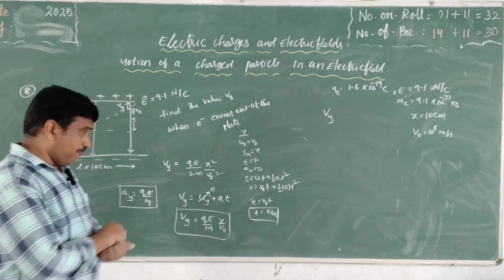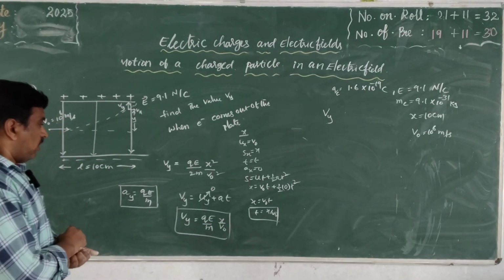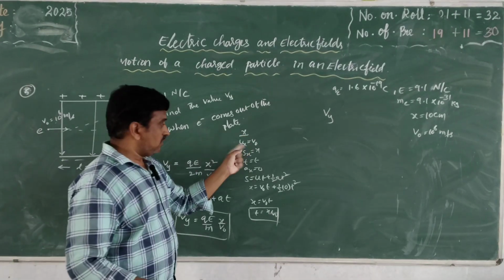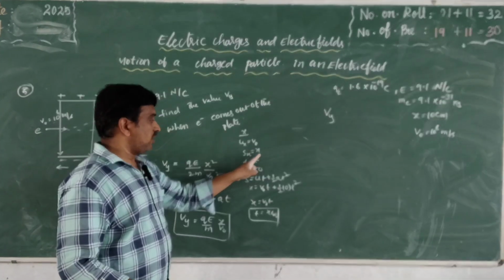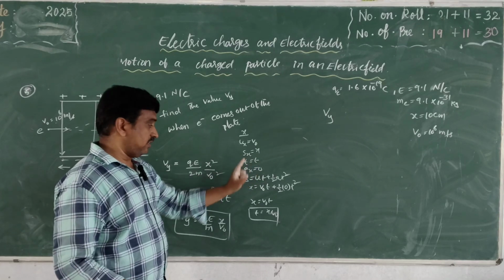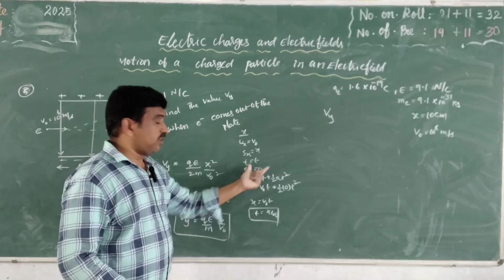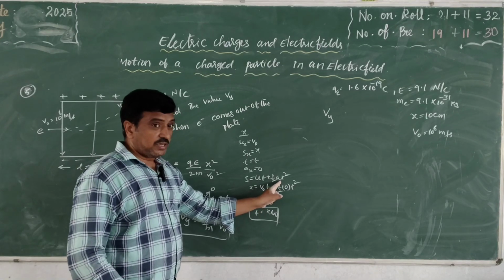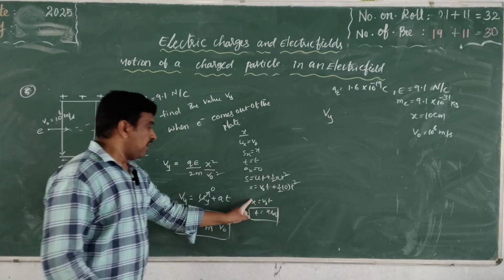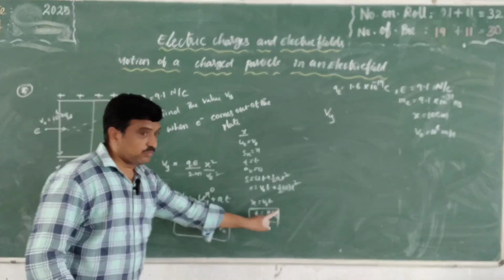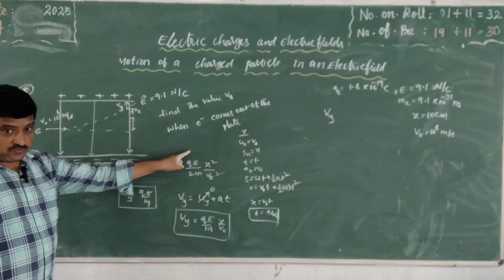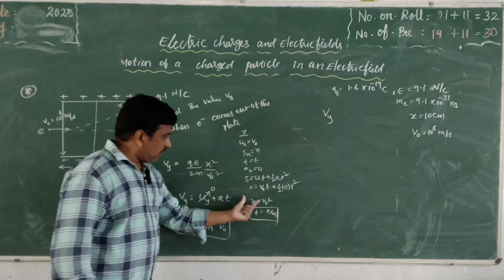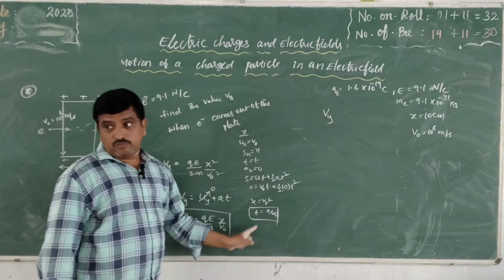How do we get it? The acceleration is QE by m along the y axis. Along the x axis, ux equals v naught and acceleration is 0, so using s equals ut plus half at square, x equals v naught t, so t equals x by v naught. Along the y axis, the deflection is QE by 2m v naught square into x square.